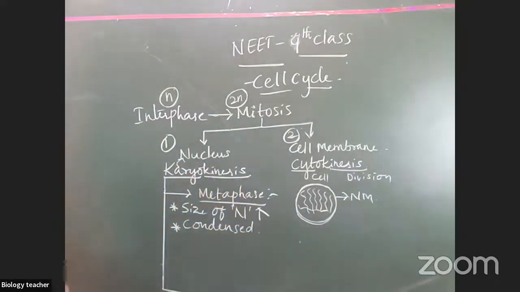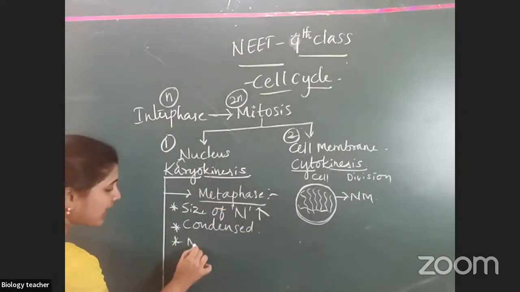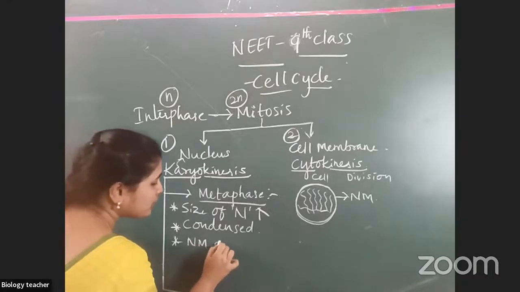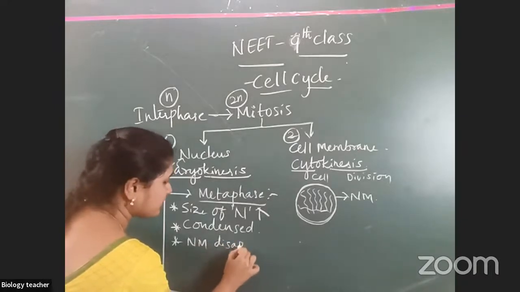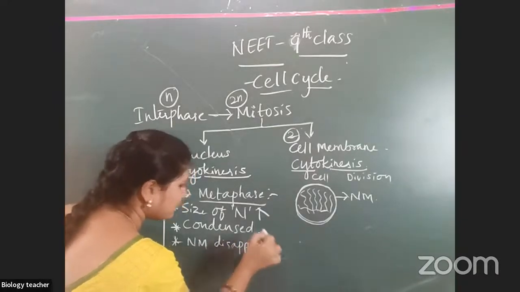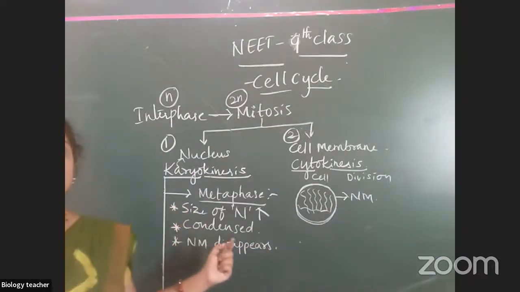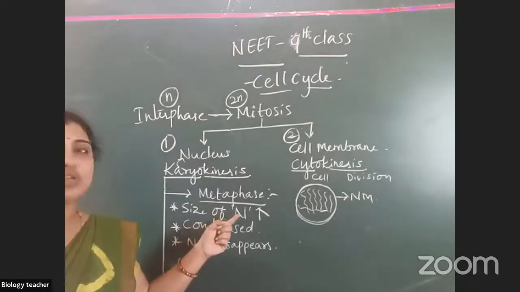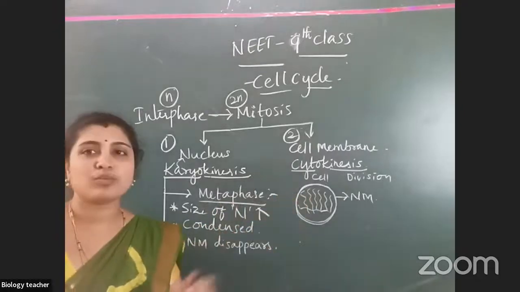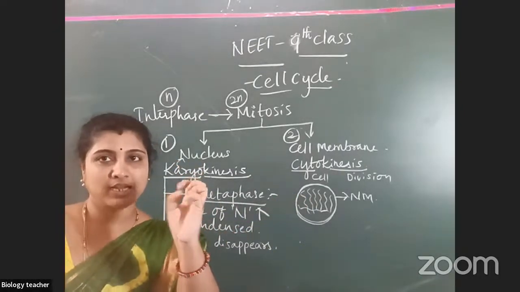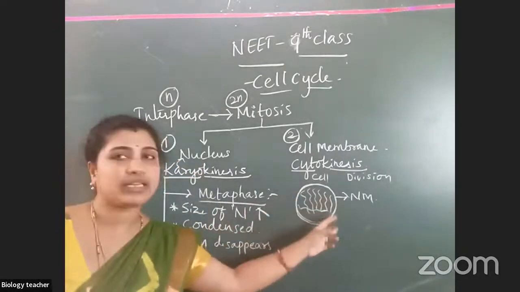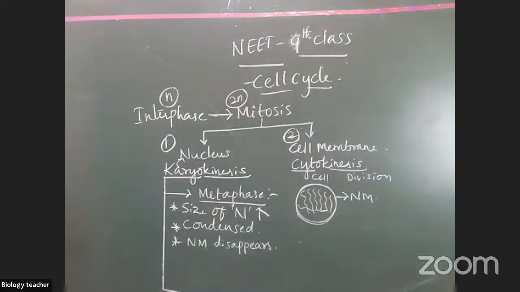Another point is that the nuclear membrane slowly disappears. So in the prophase stage, the size of the nucleus increases, the chromosomes become condensed, and the nuclear membrane disappears.